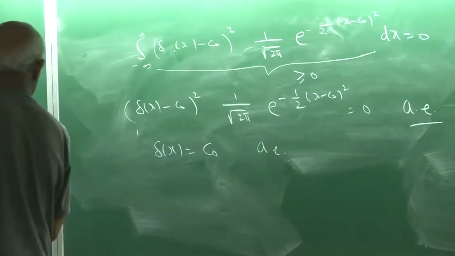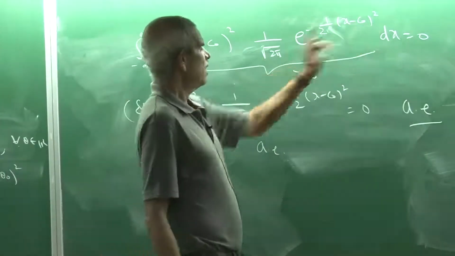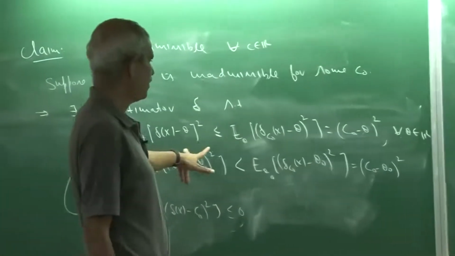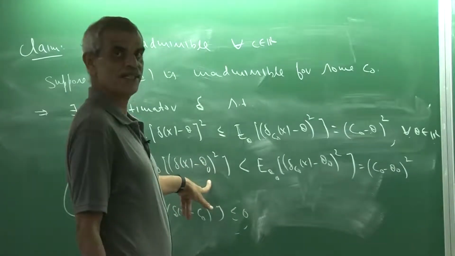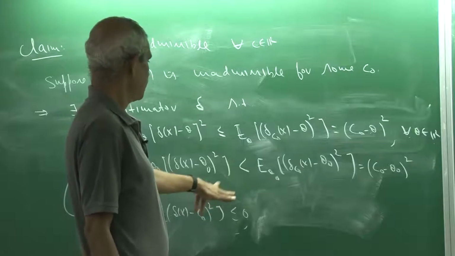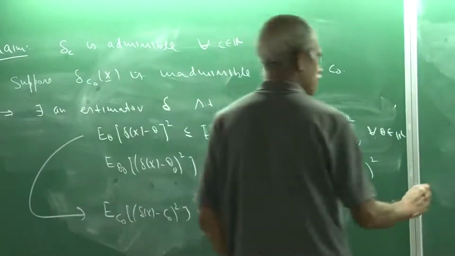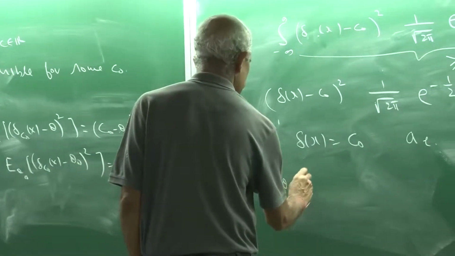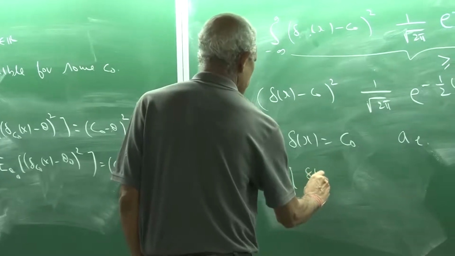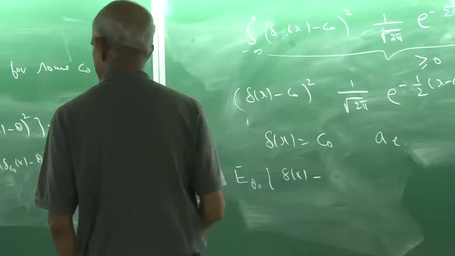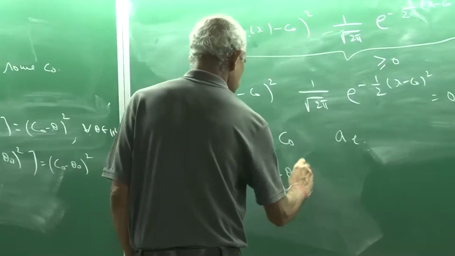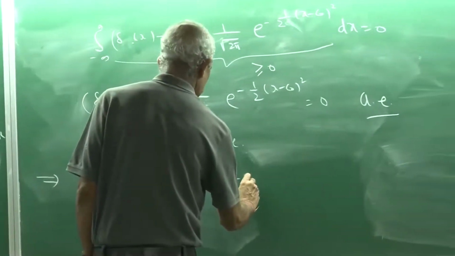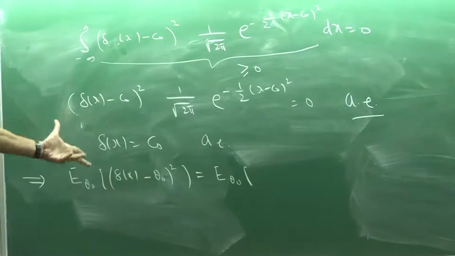If delta(x) is c0 almost everywhere, what does that mean? Can you have this inequality over here? Then you cannot have it, which implies that the expected value at theta0 of (delta(x) minus theta0) whole square is the same as the expected value at theta0 with delta(x) replaced by c0, because delta(x) is the same as c0 almost everywhere.